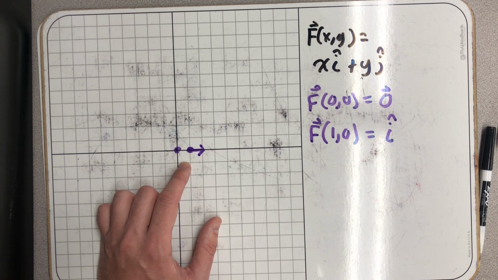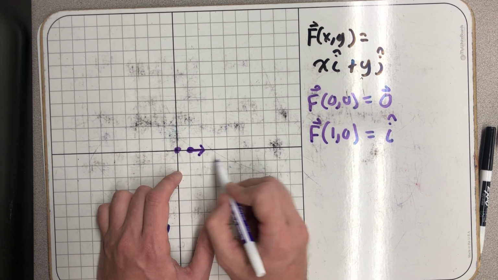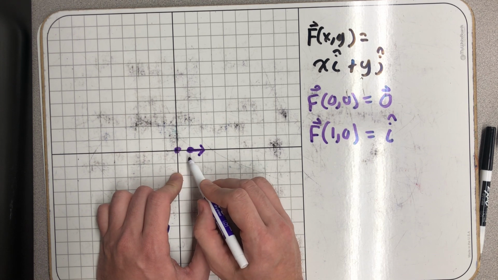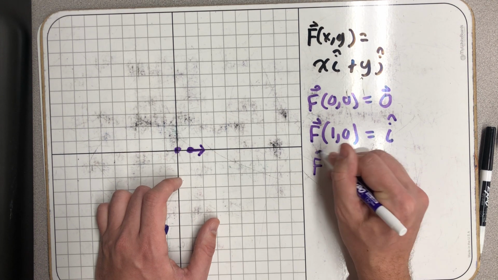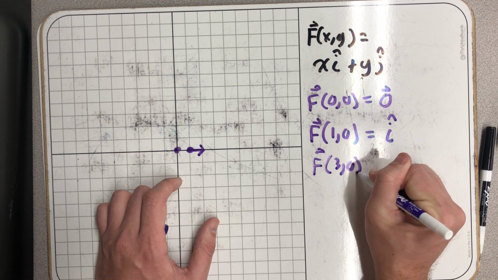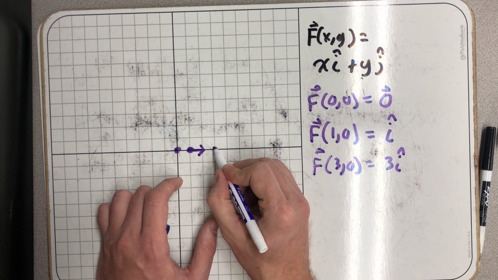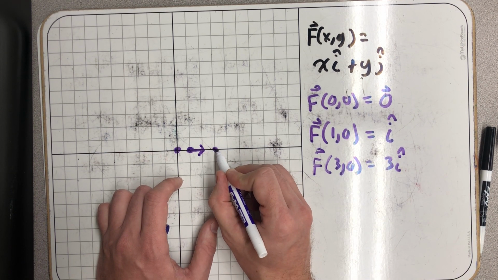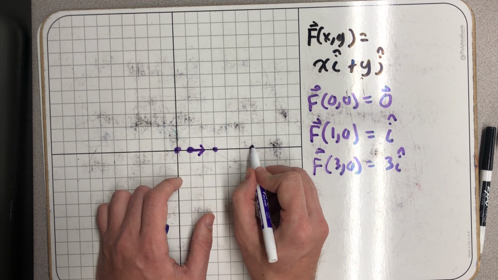Let's draw one more on the x-axis. Let's think about the vector that would be at the point 3, 0. That would be the vector 3i. So I'm going to start right there, and then 3i points 3 units straight down the x-axis. So 1, 2, 3.